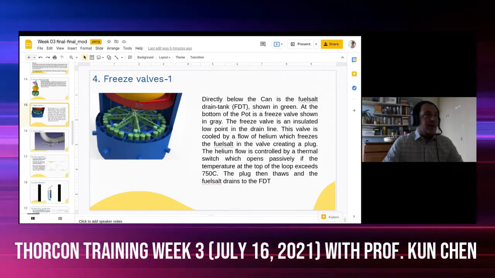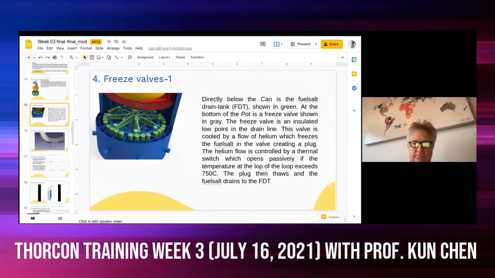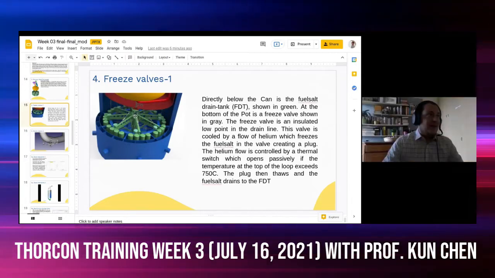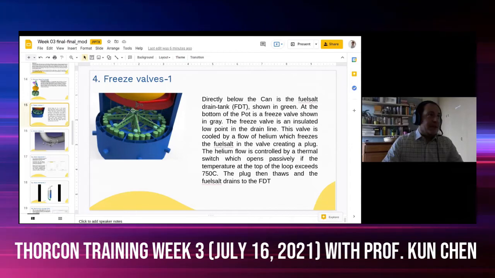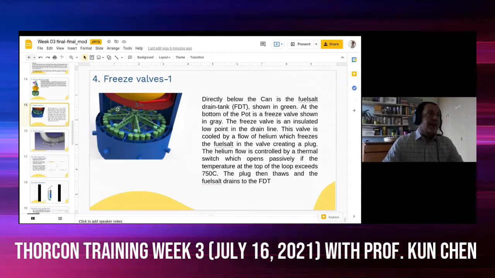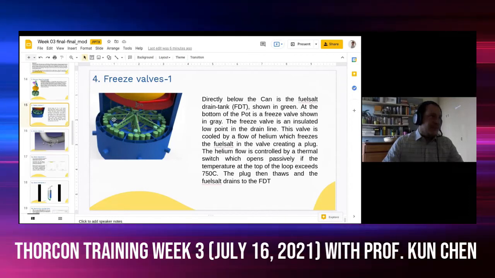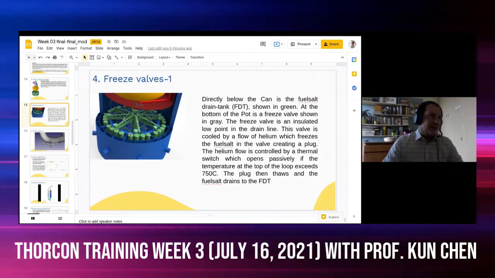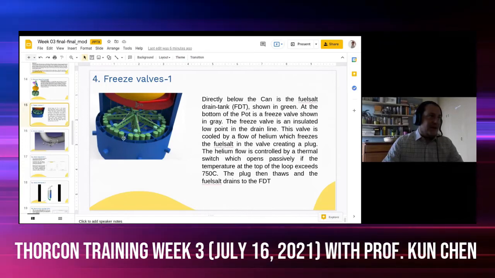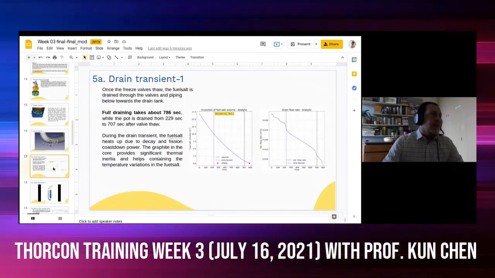We are not showing presently in this picture the lines that deliver the flowing salt from the valve outlet to the group of drain tanks. But the drain tanks are those cylinders, the green vertical cylinders partially shown here.